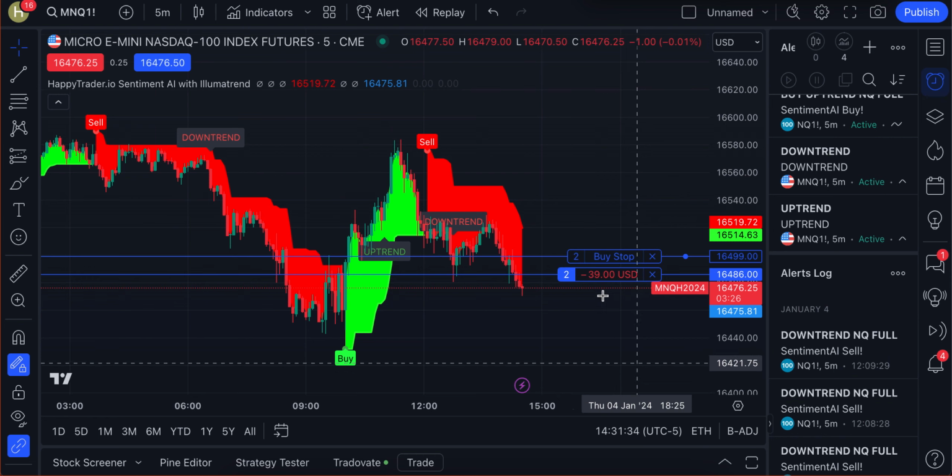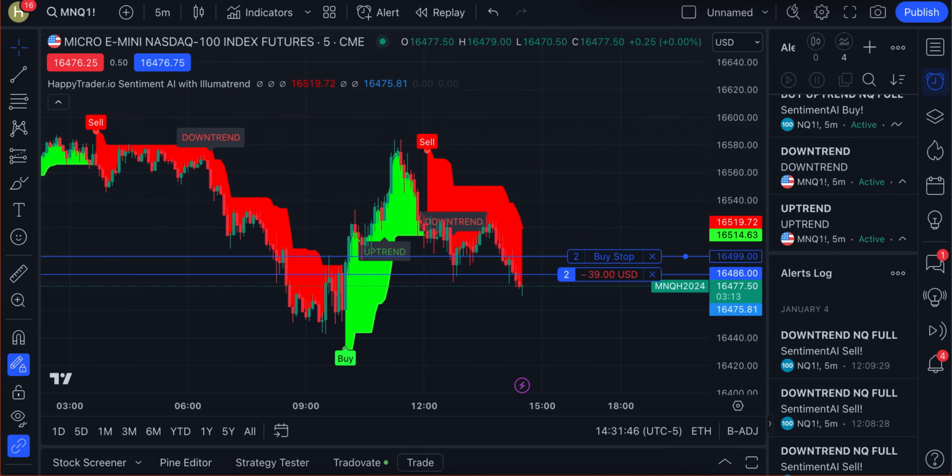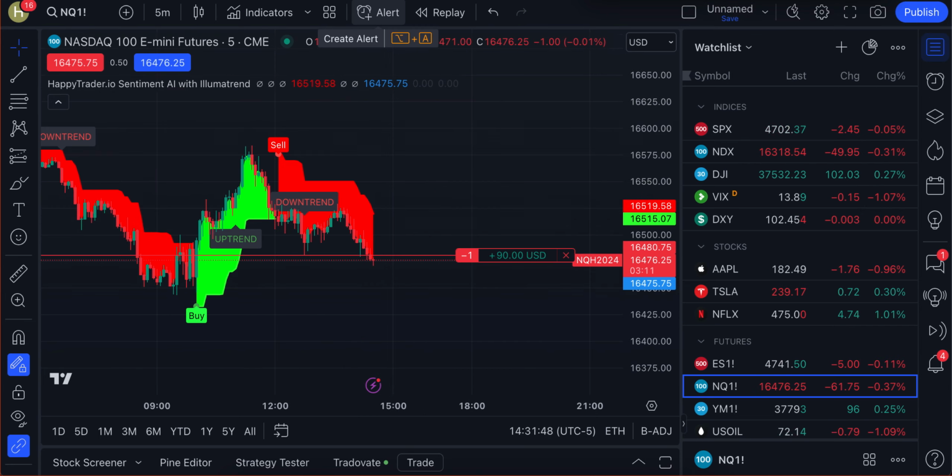Let's go back to our hedge position. You can see negative $39 on our long hedge, negative 40, 36, and positive 75, positive 90. So we're kind of hanging around 39. We're in the profit zone, which is good. So our core position's hanging in there.